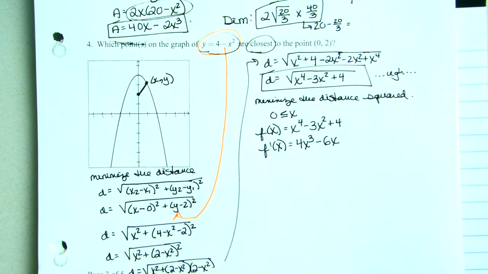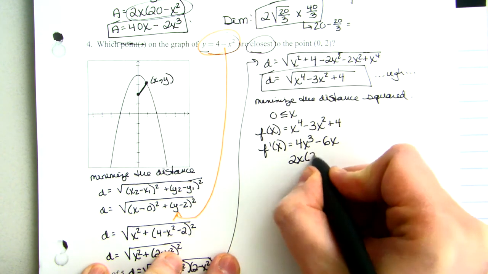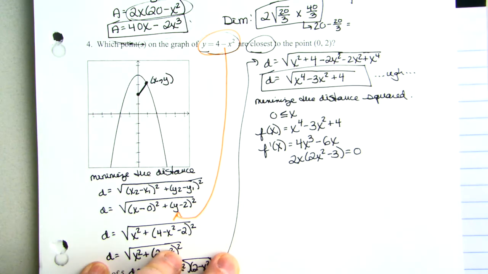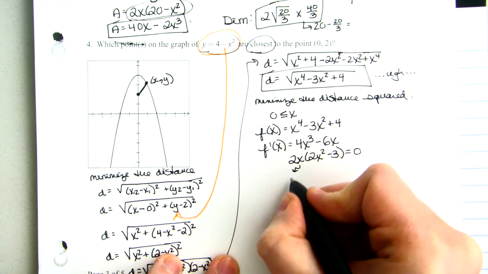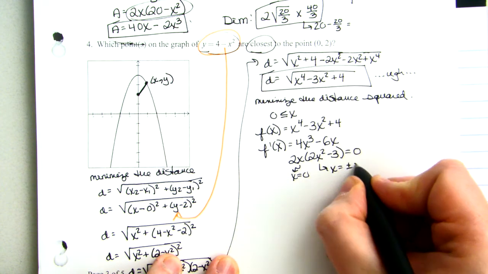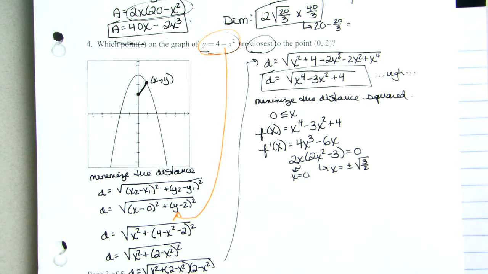Okay, I've got to set this equal to 0. I'm going to do a little bit of factoring because I can. I'm going to say 2x times 2x squared minus 3 equals 0. I'm going to get critical values at x equals 0, and then x equals plus or minus square root of 3 halves.